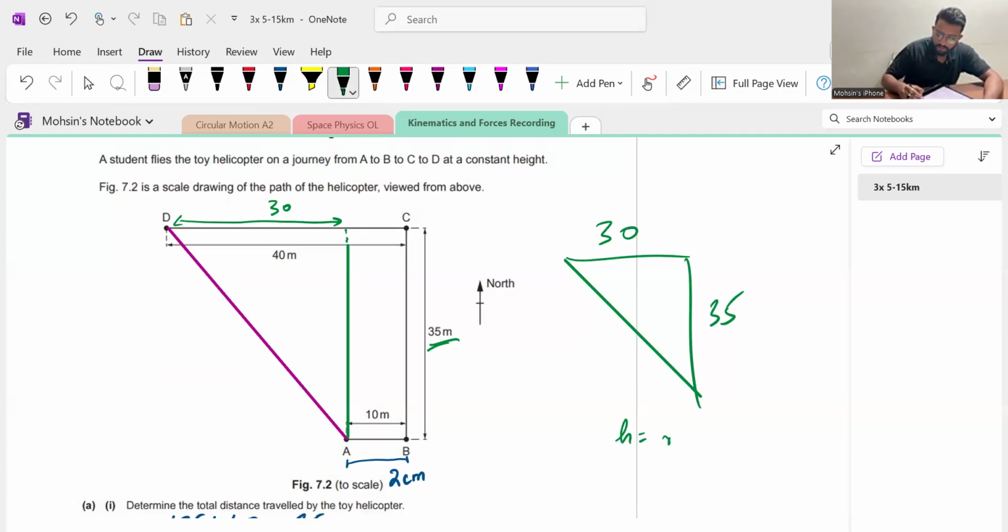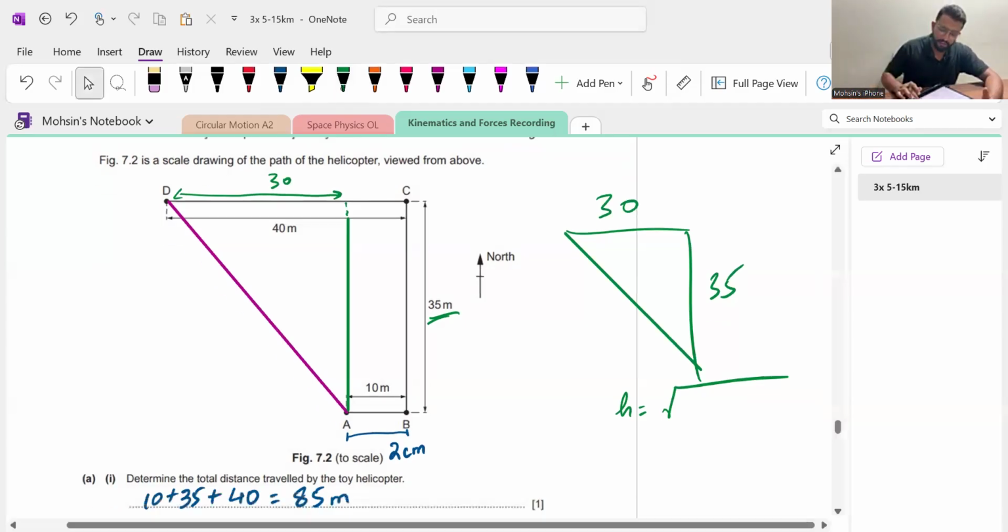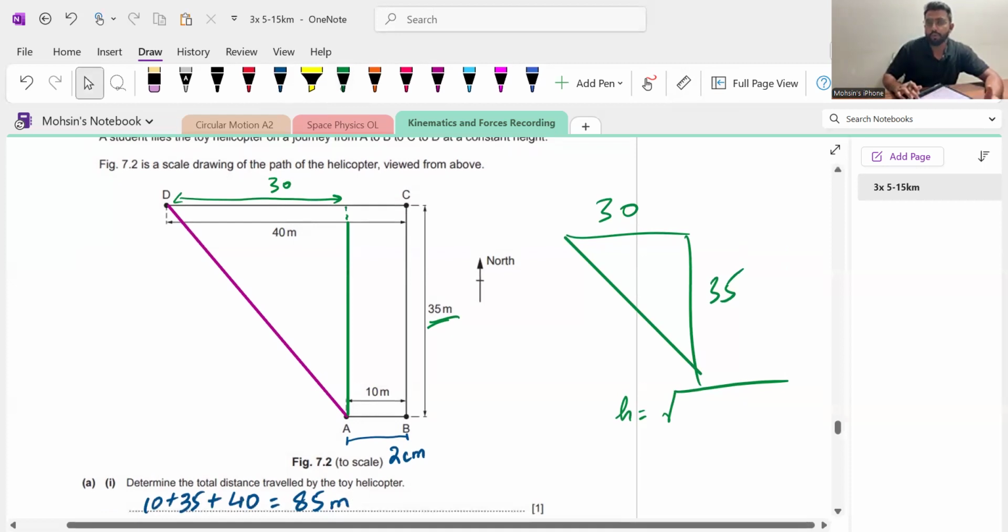Use the Pythagoras theorem. So once you put in the calculator, 35 square plus 30 square in the root. Again, it's 46.09. So it will be 46 meter. So it is another way to cross check your answer.